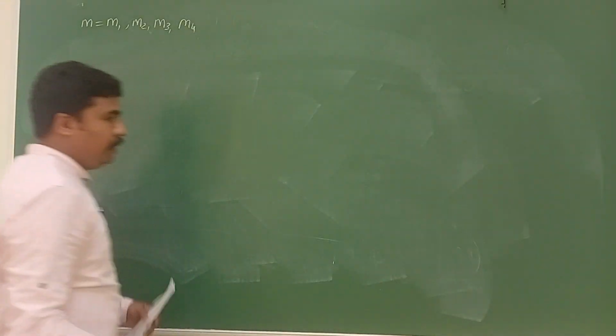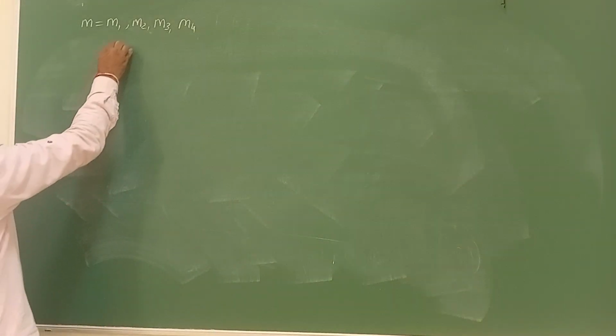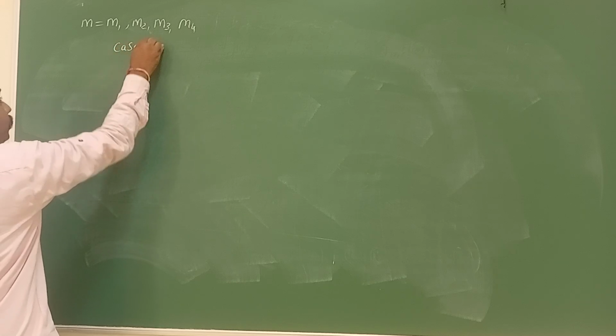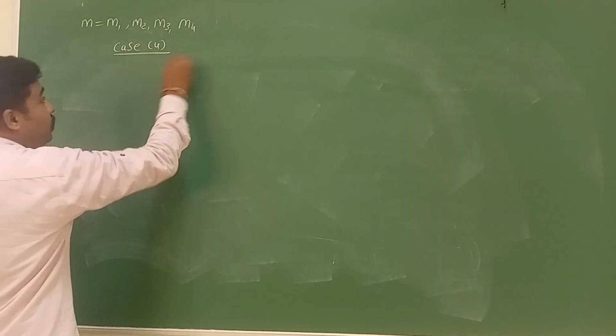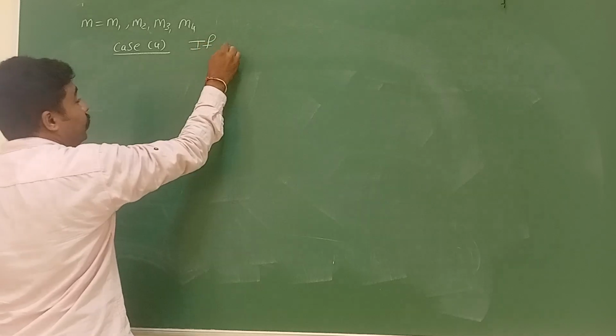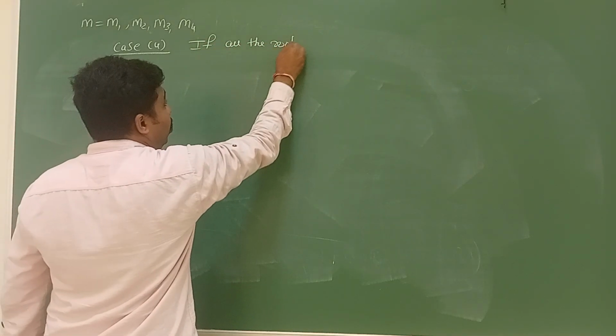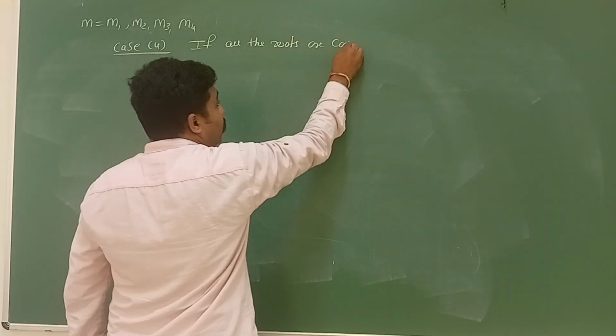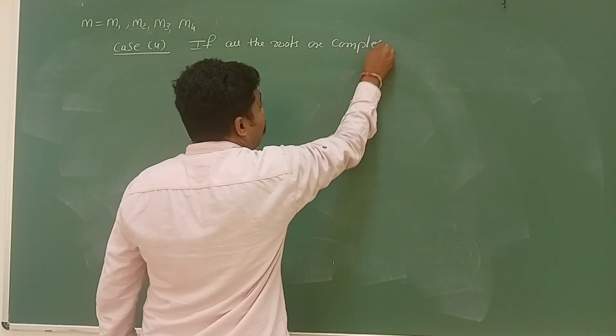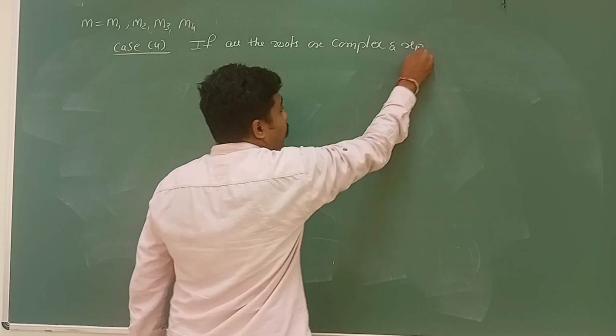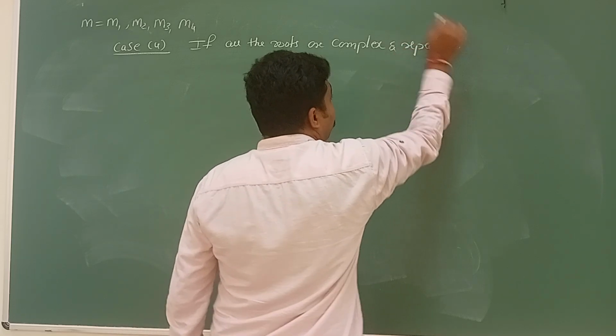That is the fourth and last case in this part, case 4. What is that case? If all the roots are complex and repeated roots.